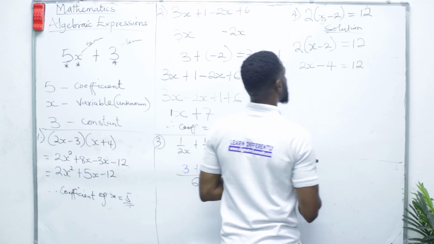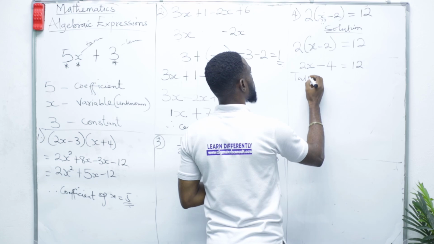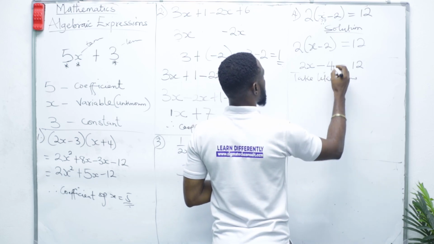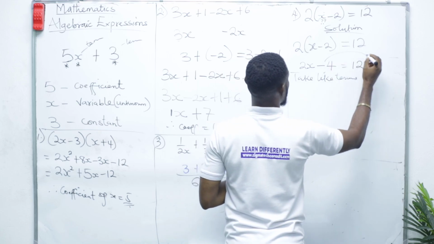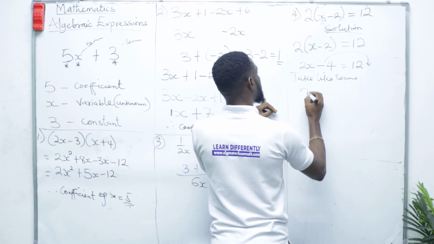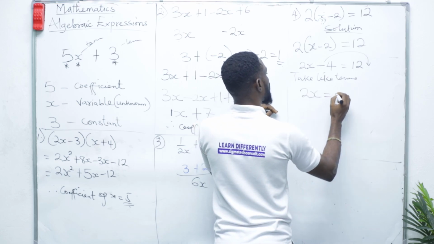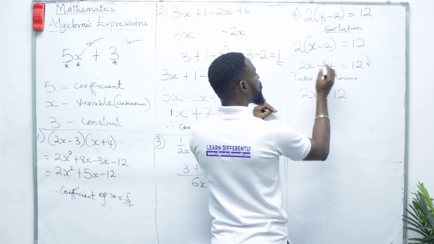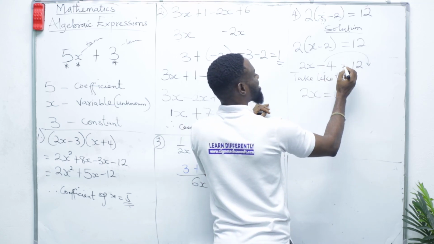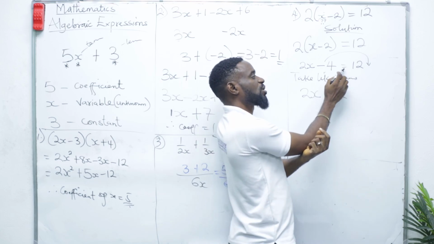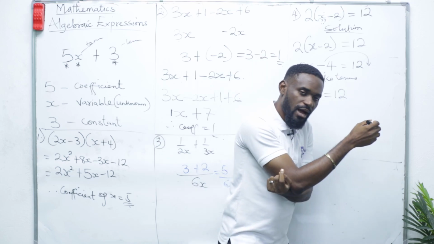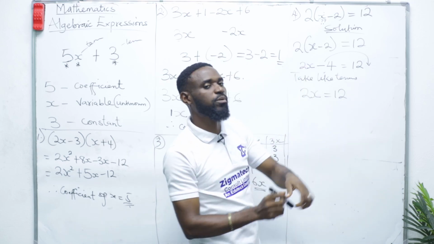All right? So the next thing we do is to take like terms. So we move this to the other side of the equation. What will be left on this side will be 2x equal to 12. When we move it, once it passes this bridge, this equal sign, the sign changes to the opposite sign.